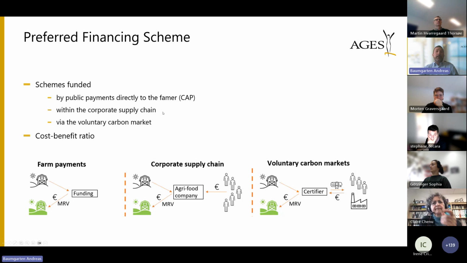Then the second thing, and this is also something that might be of importance also in the future, is the inclusion directly in the supply chain, so that, as Martin has already said, the product itself would have a different price, and the farmers then share a part of this higher end product price to receive for their product.